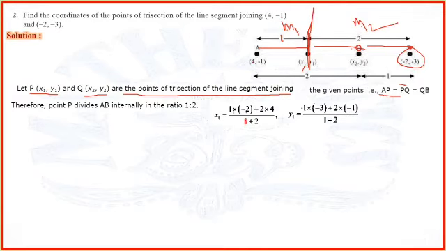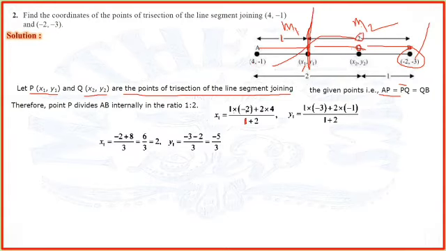Let us take y1 also with it. So y1 is m1 y2, 1 into minus 3, plus m2 y1, 2 into minus 1, upon m1 plus m2.